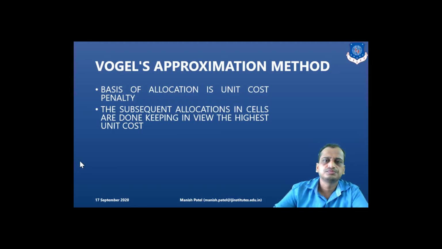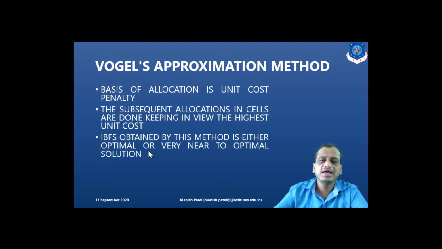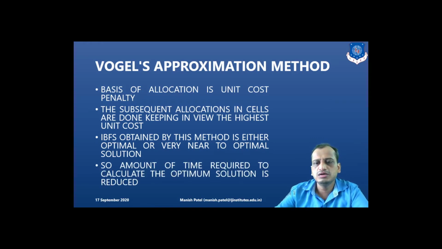Next, we will arrive at the initial basic feasible solution. And as I already told, the Vogel's approximation method solution is very near to the optimal solution. Right? And finally, the amount of time to find the optimal transportation cost is reduced because you arrive very near to the optimal solution.